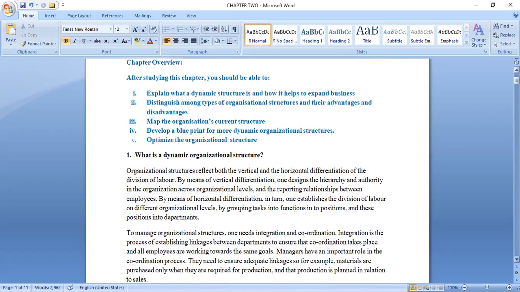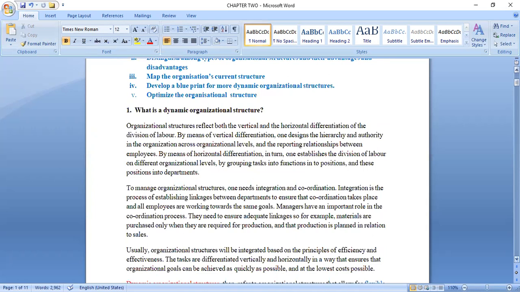So with an organization structure, we are simply looking at that kind of structure that helps in the division of labor, right? That helps in the specialization of labor, right?